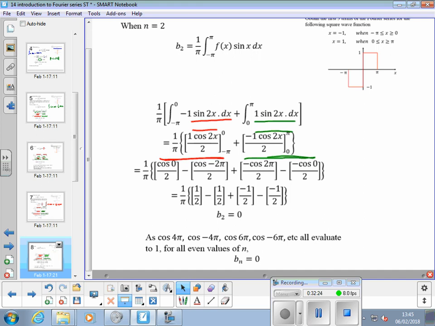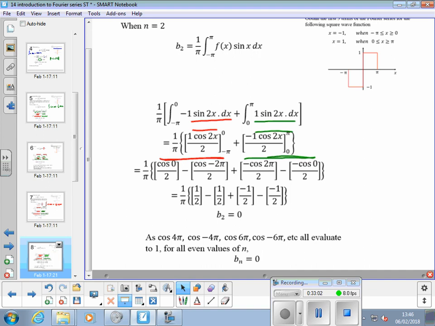What we can say, if we know our sines and cosines well enough, is that when this is changed to cos 4 pi or cos 6 pi, they're still going to evaluate so that they cancel each other out and end up as 0. The only difference is that when it's 4 pi, these are going to be quarters, and when it's 6 pi, they're going to be sixths, but they'll still cancel out, and therefore there are no even harmonics at all.